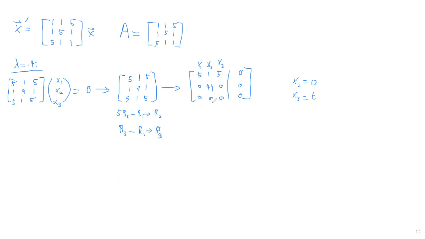Look at row 1. 5x1 plus x2 plus 5x3 is 0. But x2 is 0, so you can just say 5x1 plus 5t is 0, because x3 is t.